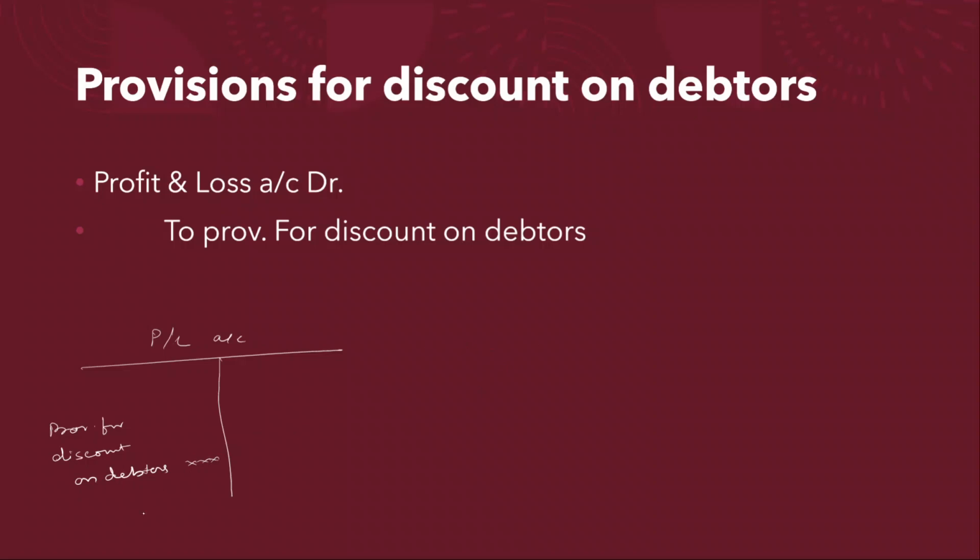Here in balance sheet you will show it in which side? Here it will be deducted from the debtors. So in balance sheet here debtors is shown in your current asset. So from the debtors you will deduct what? This provision for discount on debtors.